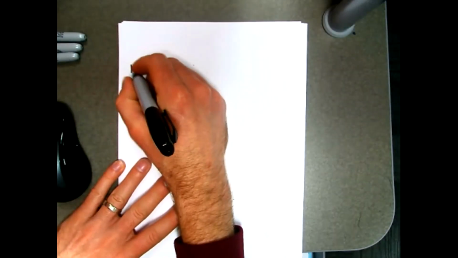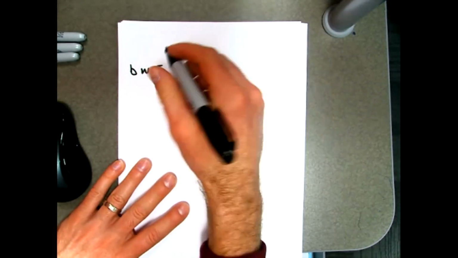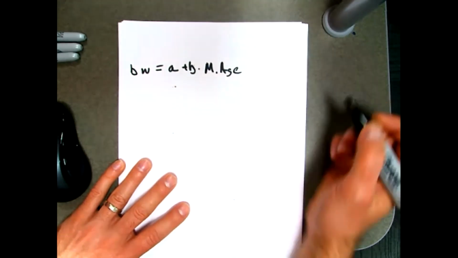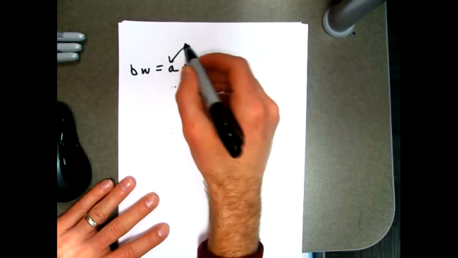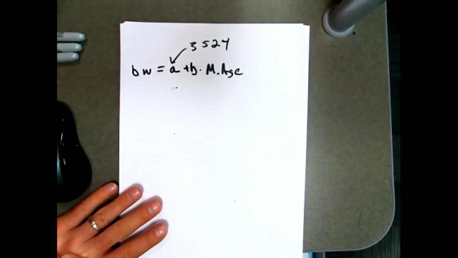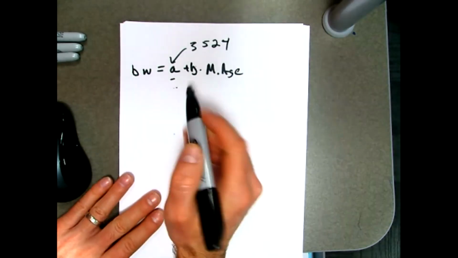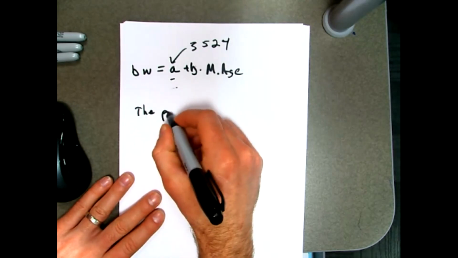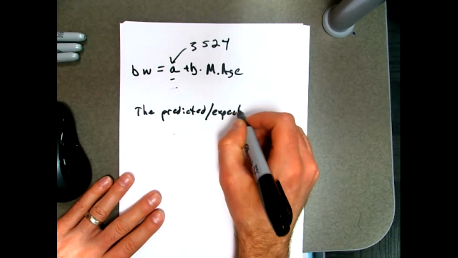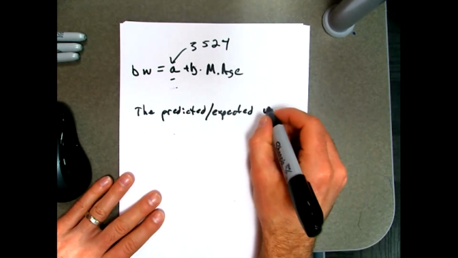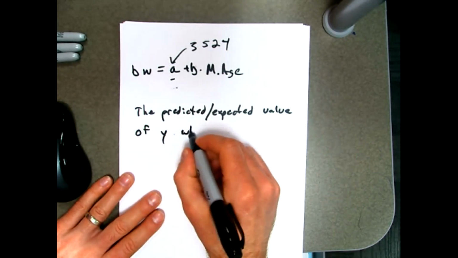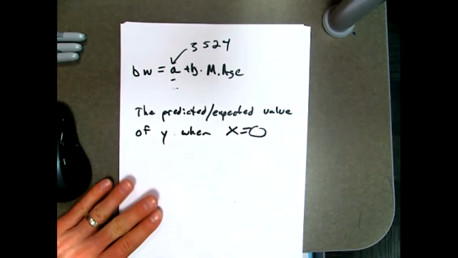So if I've got birth weights here as my y variable, and I included mother's age as my x variable here. I was just told that this was 3,524. So the way that we interpret the intercept is always the predicted, or you can think about it, we could use the word expected here, same idea, value of y, whatever our y variable is, when all of our x variables are equal to 0.